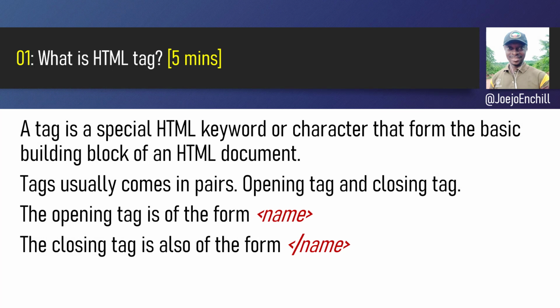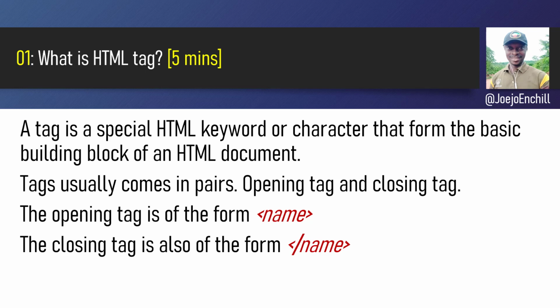What is an HTML tag? An HTML tag is a special HTML keyword or character that forms the basic building block of an HTML document. That is to say that to create an HTML document, we need to put down some special characters or words.